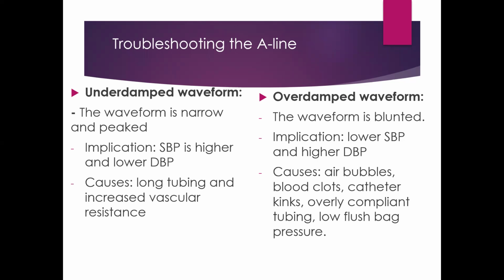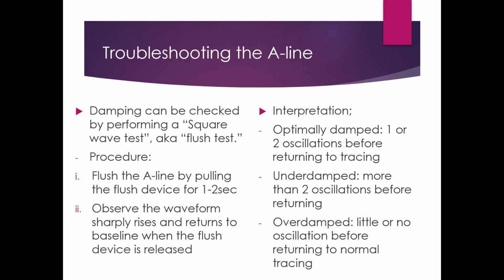With an underdamped waveform, the waveform is narrow and peaked, so it will overread the systolic blood pressure and underread the diastolic blood pressure. It's important that we understand this. When the system is overdamped, the waveform is blunted, and this will underread the systolic blood pressure and overestimate the diastolic blood pressure.